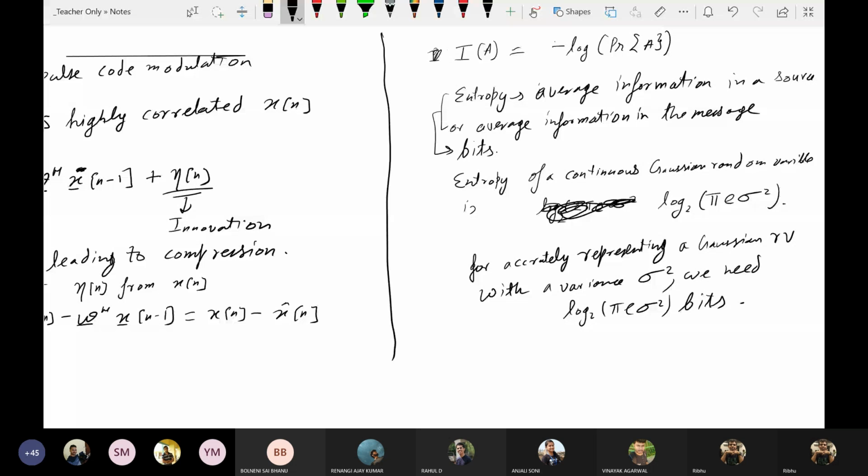Fine. Okay, this logic makes some sense, because the information content in bits is directly proportional to the variance, or the uncertainty. And variance for a Gaussian random variable is a measure of uncertainty, right?